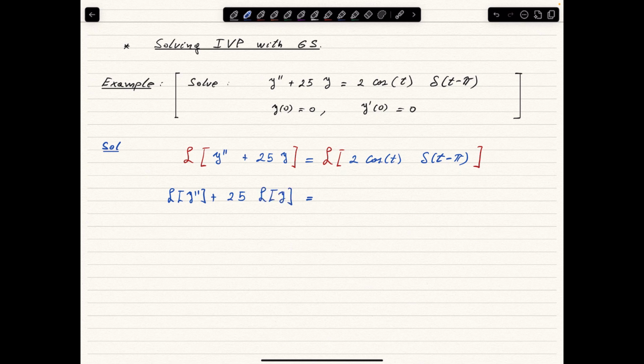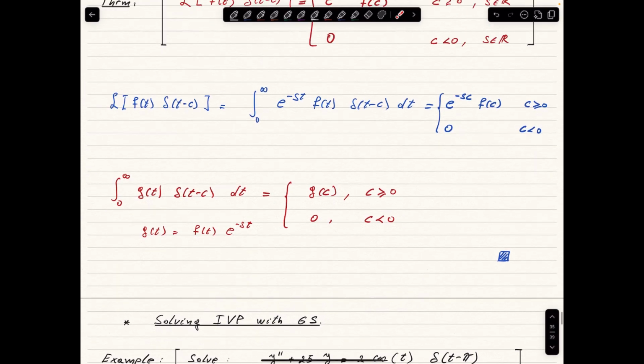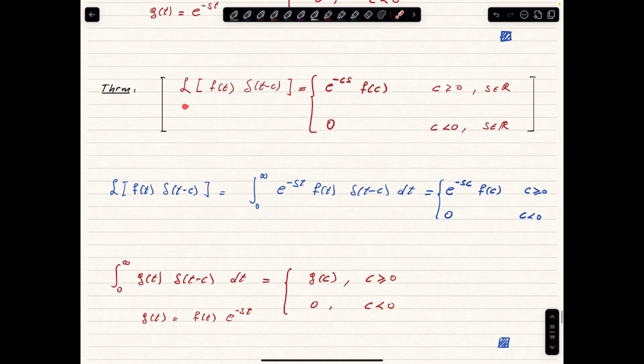And what do we have on this side? Well, we have a function times a delta and the Laplace transform of that. We have a result for that, which is this. The Laplace transform of any function times a Dirac delta is exponential negative cs, where c is where the Dirac delta is singular, and then we have to evaluate this function at that c.